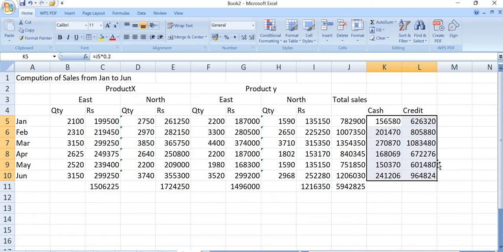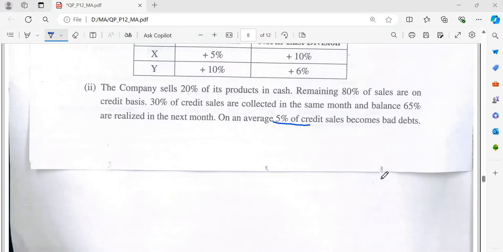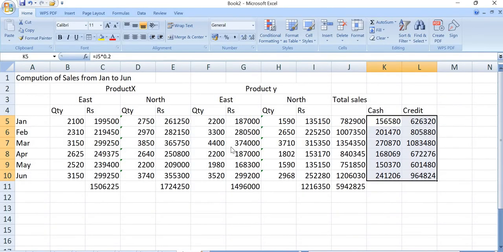That is, 7,80,920 will be in cash, and the remaining will be credit sales. In this credit sales, we are going to realize 30% in the same month, collected in the same month, and the balance 65 will be in the next month.